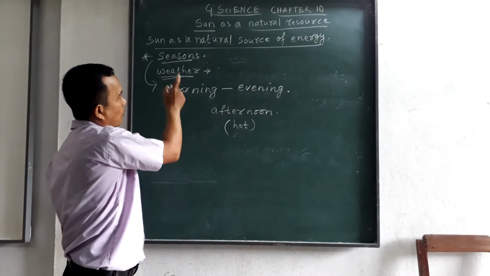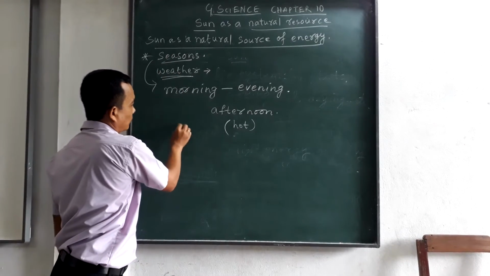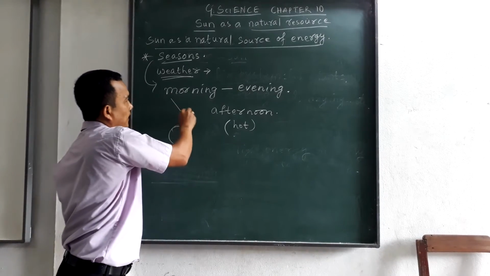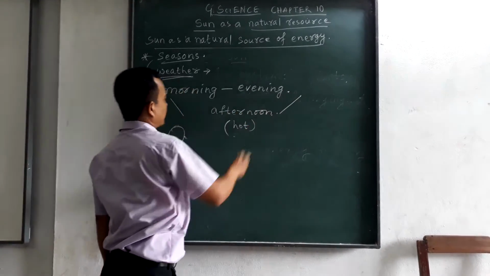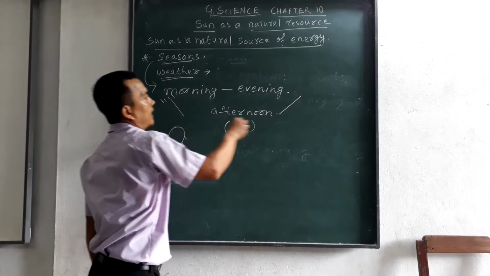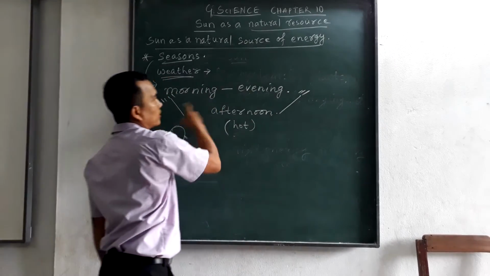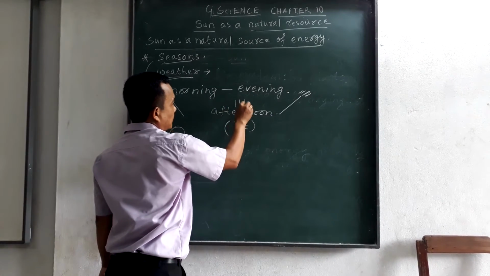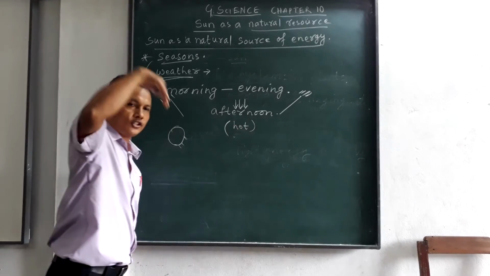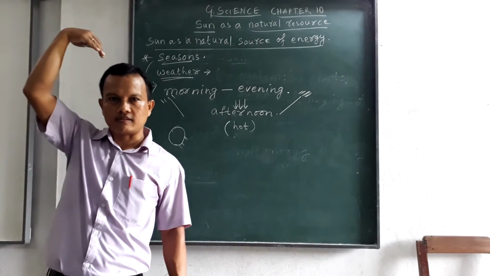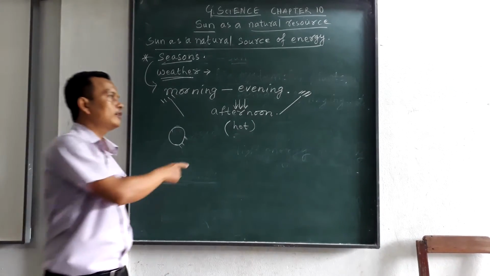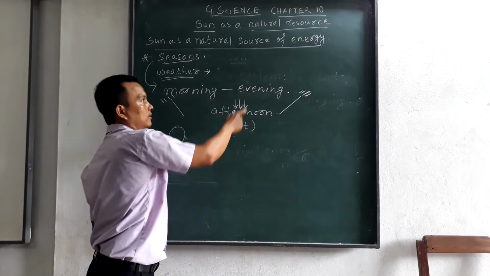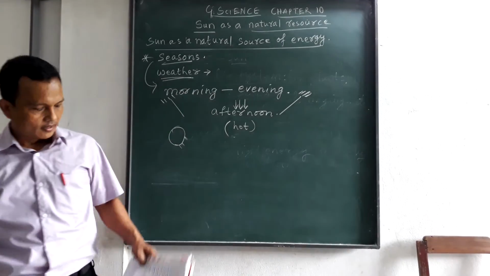In the morning, the sunlight comes in a slanting way, either in the morning or evening. But in the afternoon, the sunlight is direct, straight towards our head. For that reason, the heat of the sun is more in the afternoon than in the evening or morning.